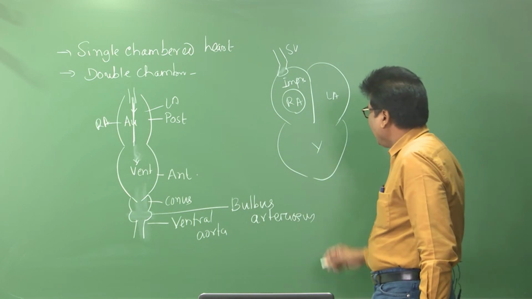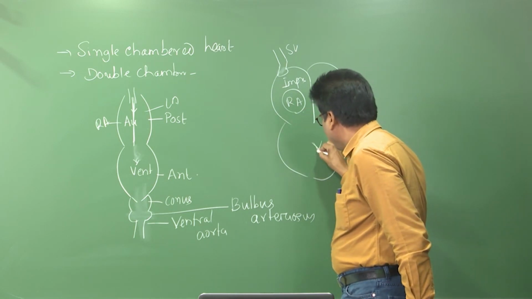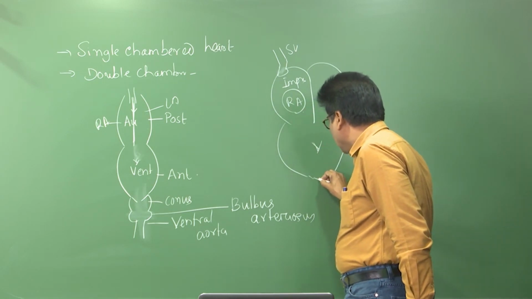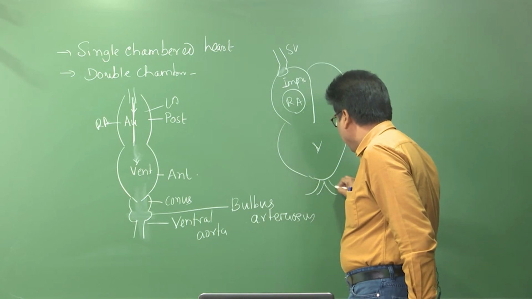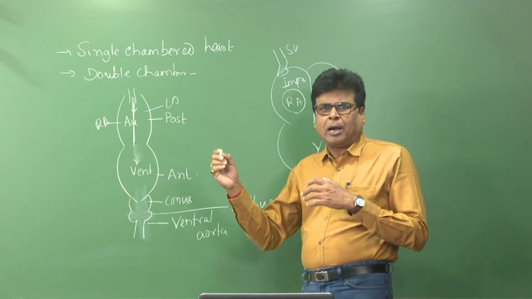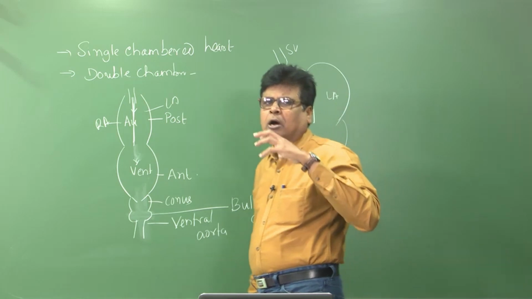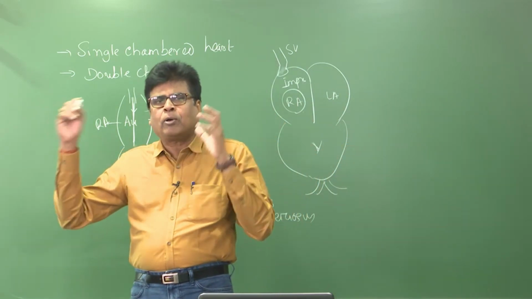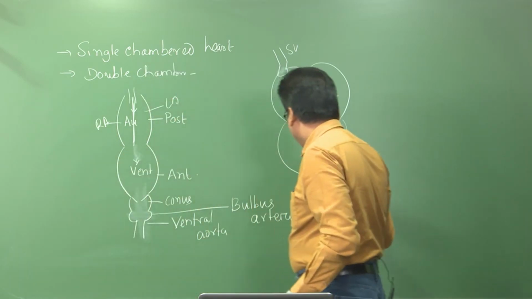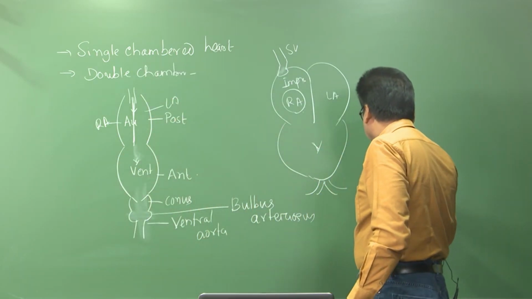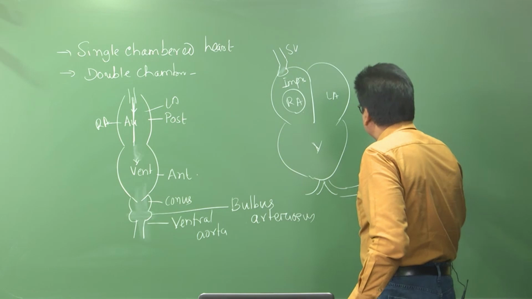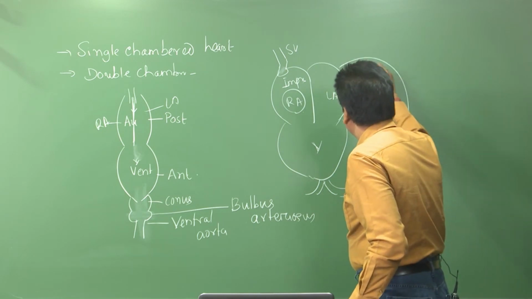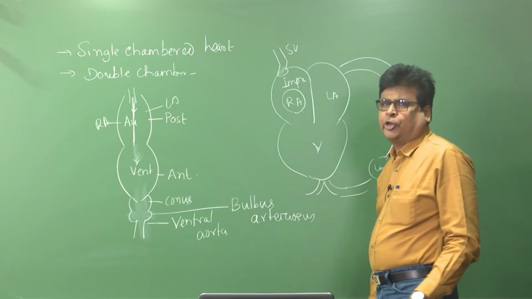Now this blood will be given to the ventricle, and from the ventricle it will be delivered into 2 major parts. One is the pulmonary or lung part, where it will be purified, and another is the body part, where it will be distributed. When it is purified in the lungs, this blood is collected again in the left atrium.